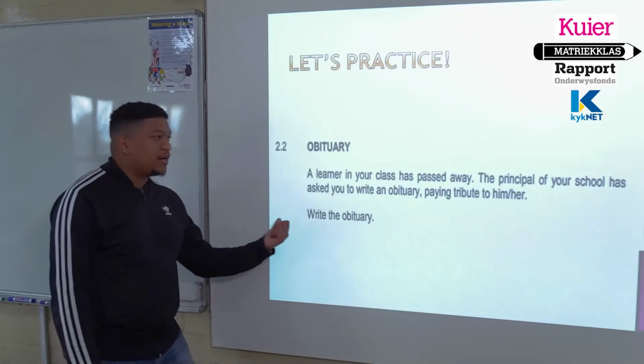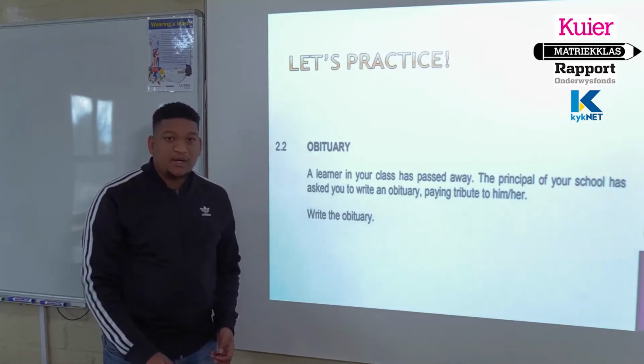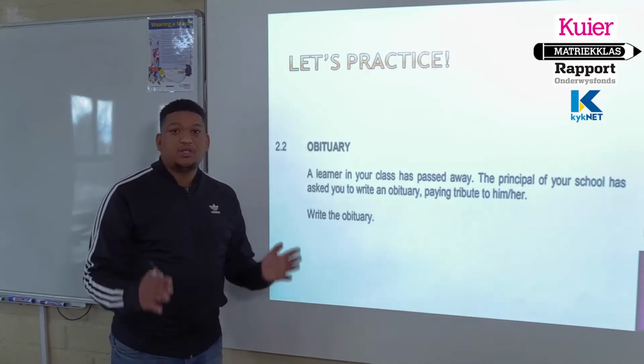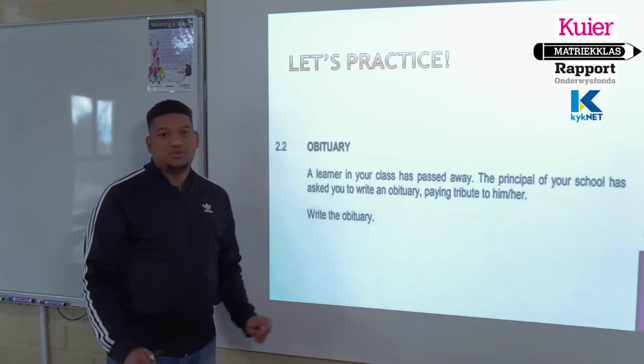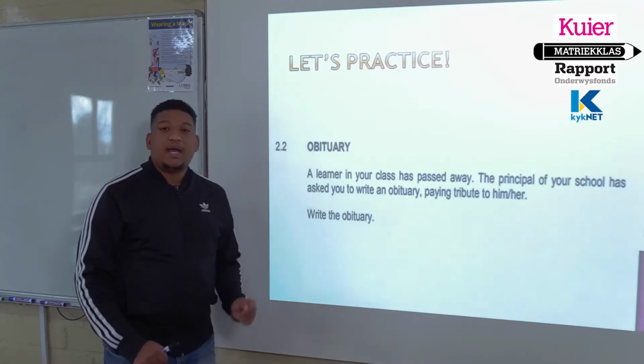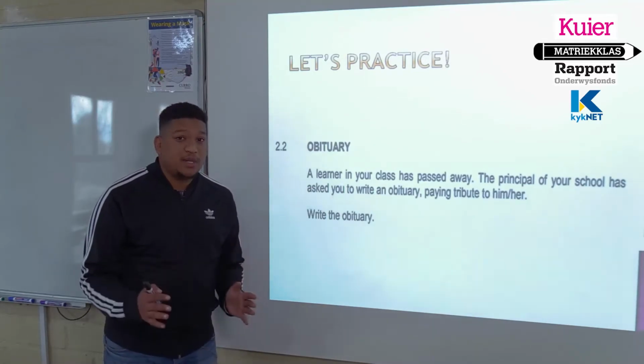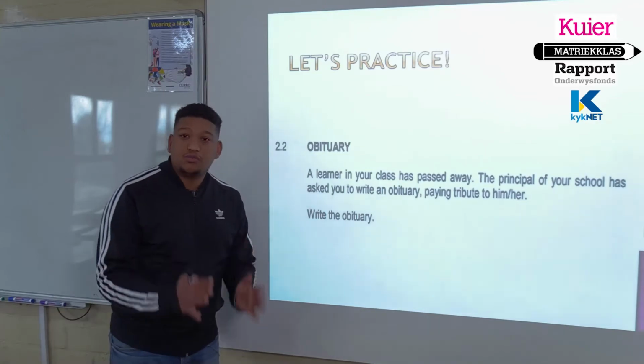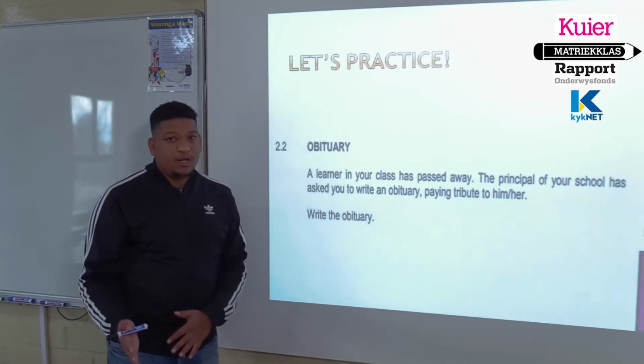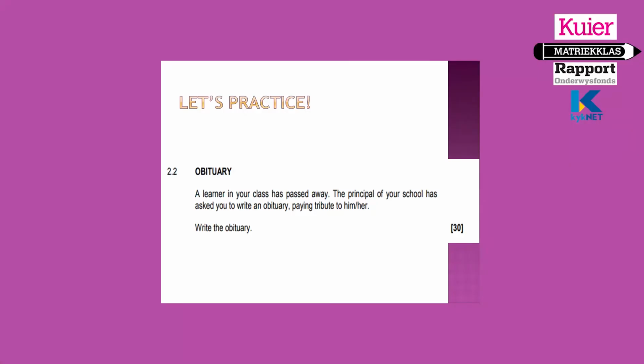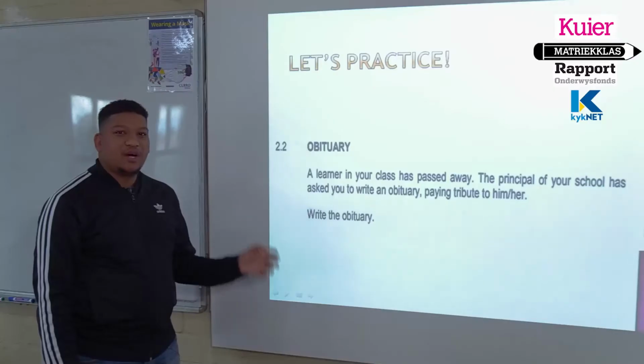Because it happens that you now think because the principal asked you, you're going to now deliver a speech to the whole school. It's not going to work like that. It is a piece you could be writing possibly that the principal is going to include in the school's newsletter or in the school newspaper for the learners. It's important, grade 12, that you focus on those things.